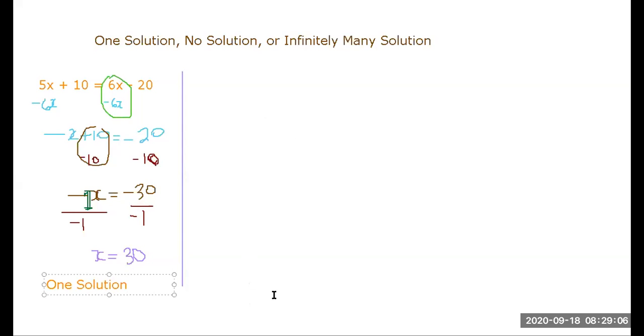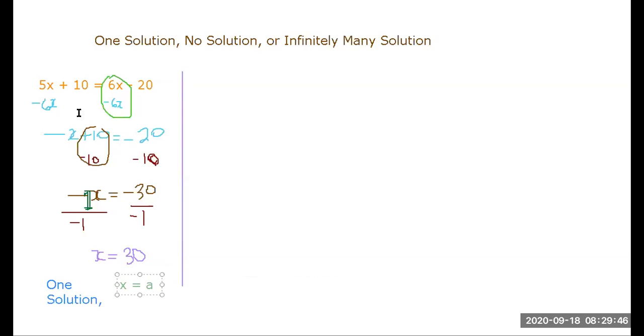Or if I want to put it in mathematical terms, whenever we have an equation where x is equal to a, and a could be any real number, it could be 30, 40, 2.1, whatever it is, when x is equal to a number, it has one solution.